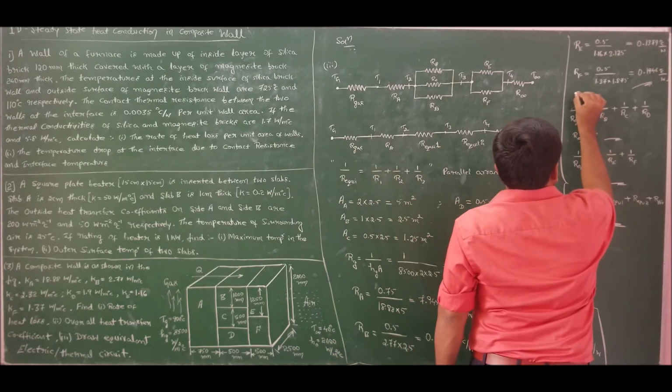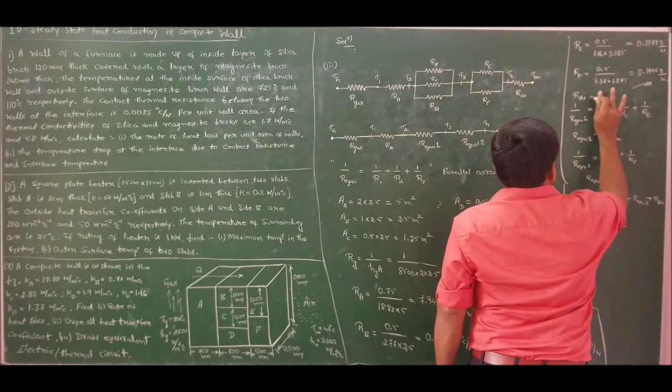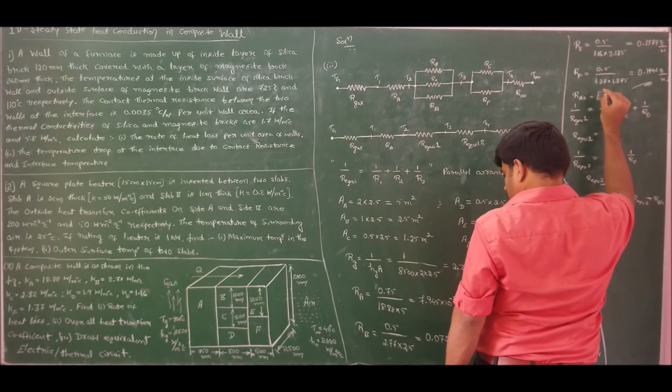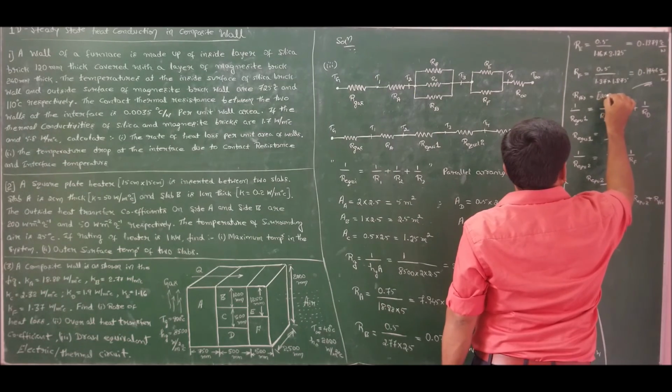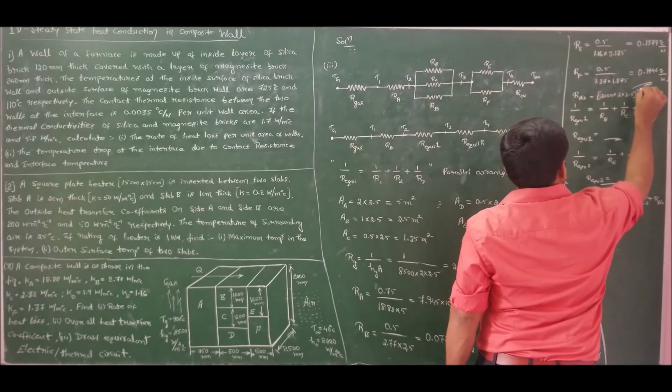Here itself we can write R of air is the inverse of HA. H of air is known to us. H of air is 2000 into area, which is 2 into 2.5, inverse.